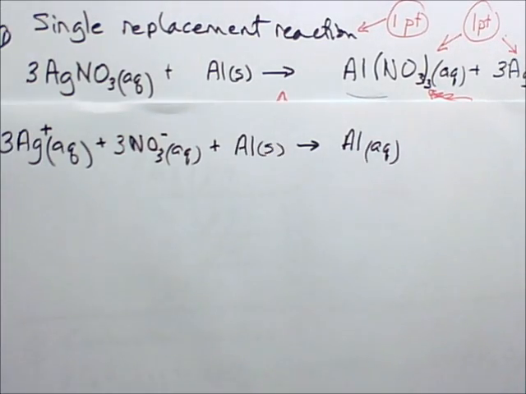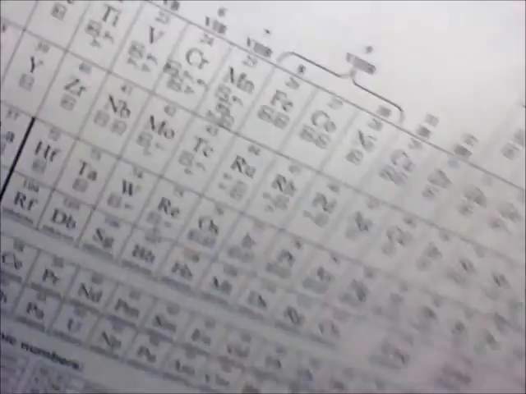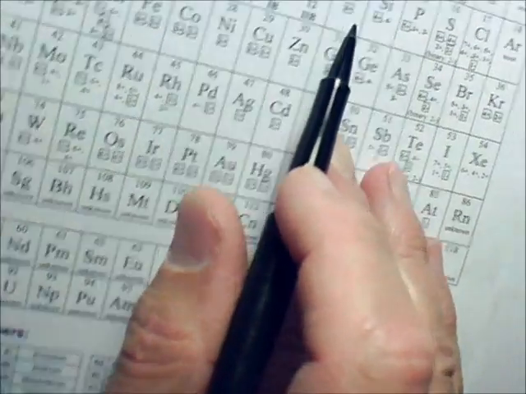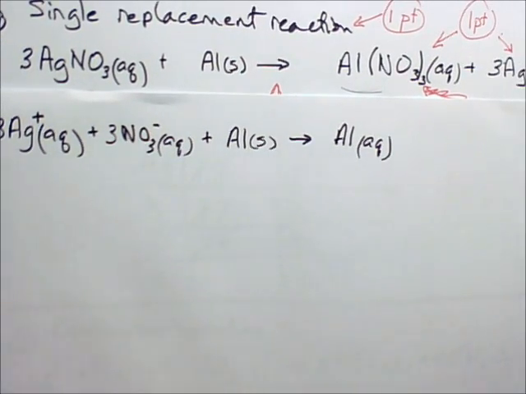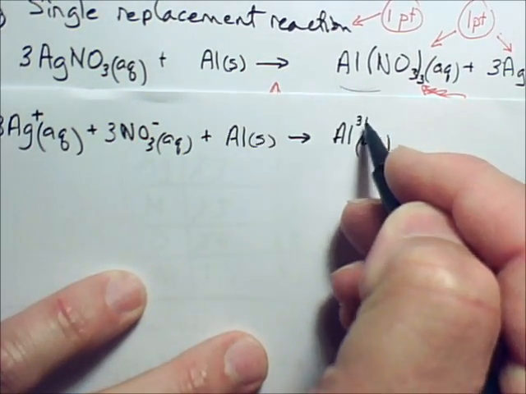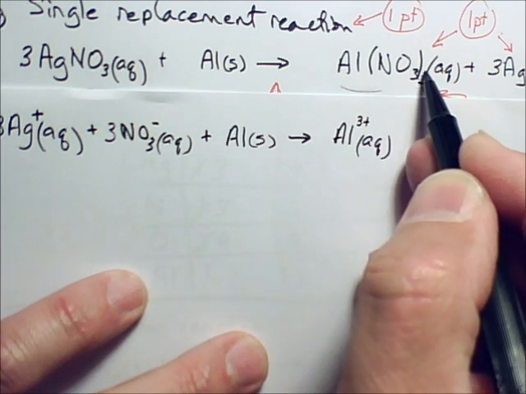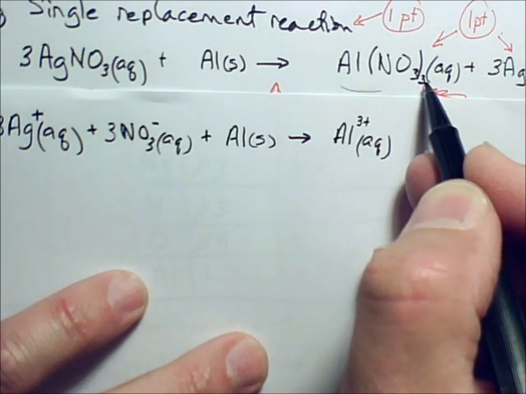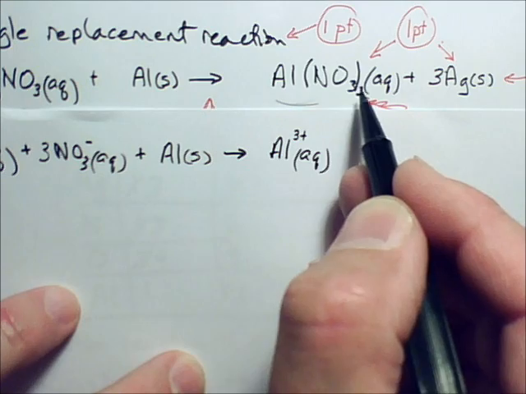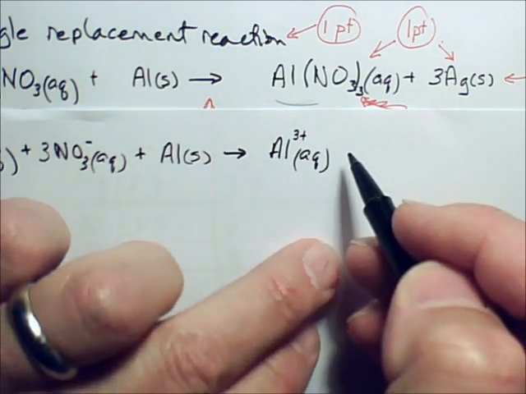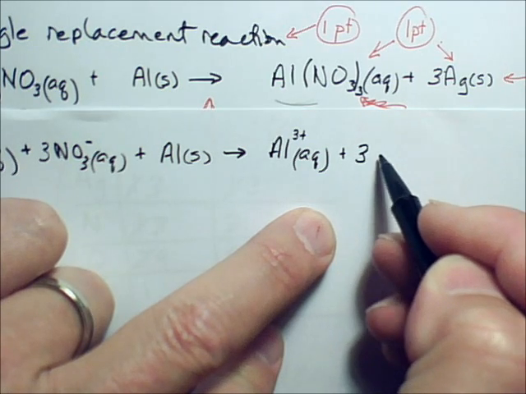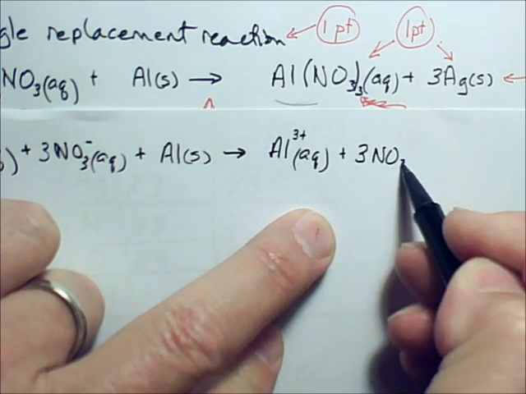The periodic table with oxidation numbers will tell us the charge. There's aluminum. Has a 3+ charge. So we're going to put a 3+ after this aluminum. We're going to have 3 nitrates. This 3 outside the parentheses means that everything inside is times 3. Okay? So there are going to be 3 nitrates.